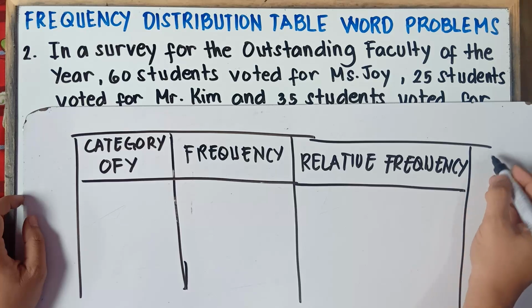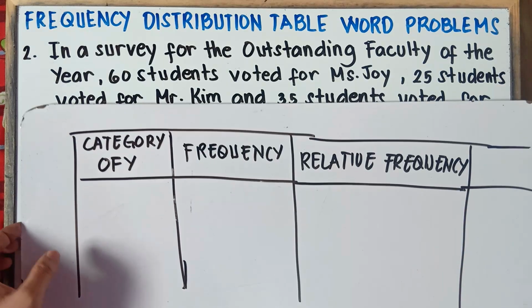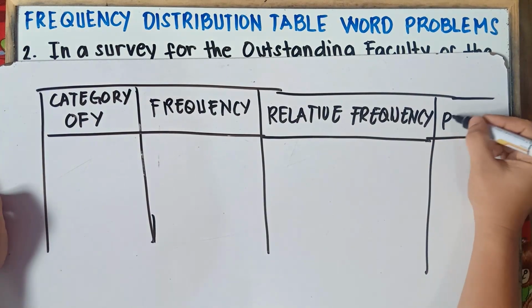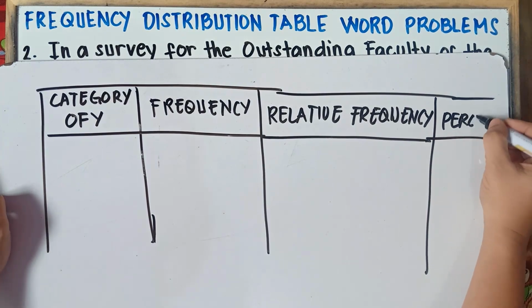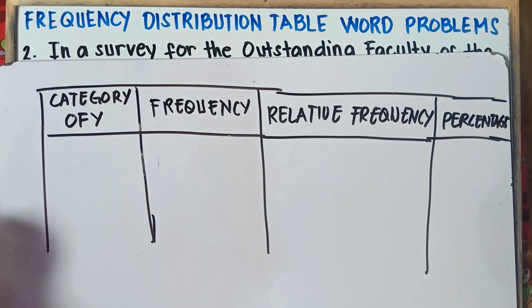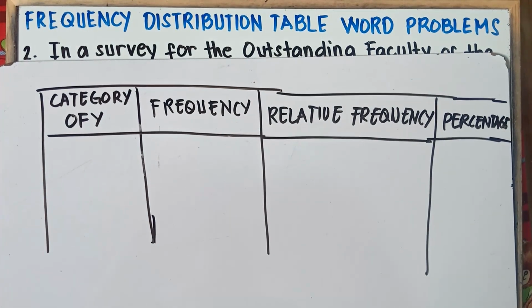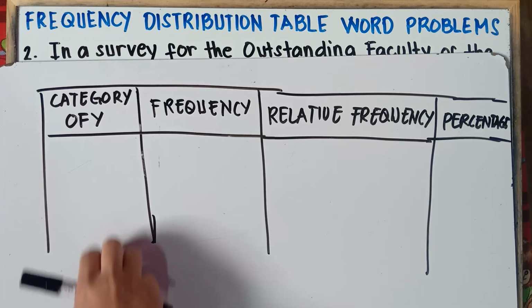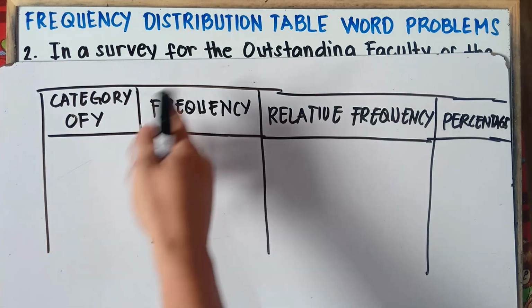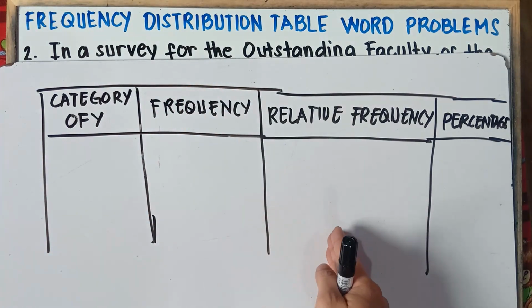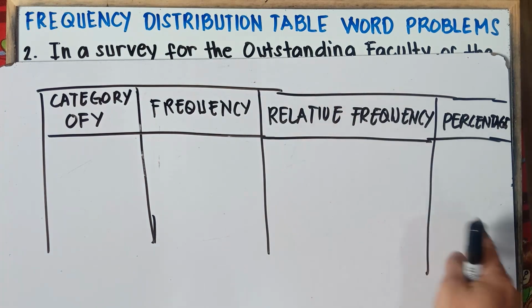Later on I will make the table using a ruler. Therefore we have 4 columns. First column, the category, outstanding faculty of the year. The next column is frequency. Third column, relative frequency, and the last column is percentage.